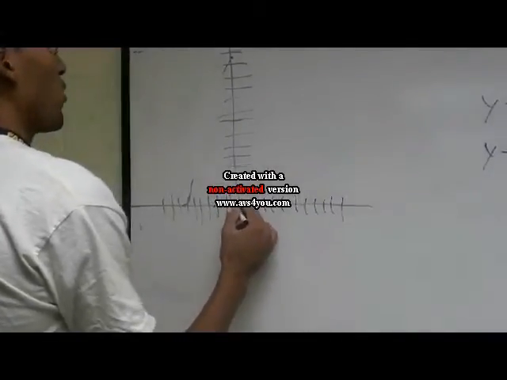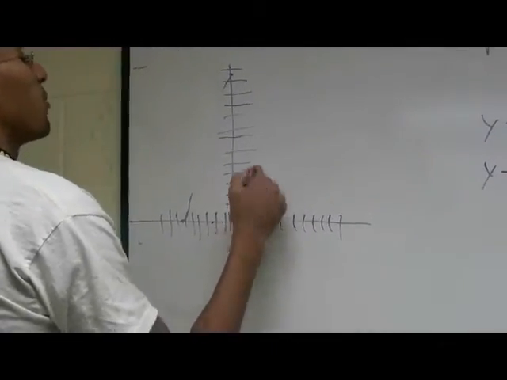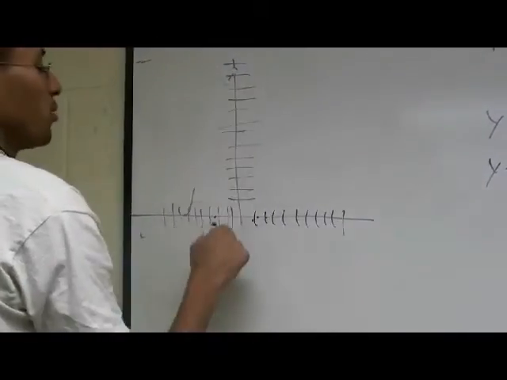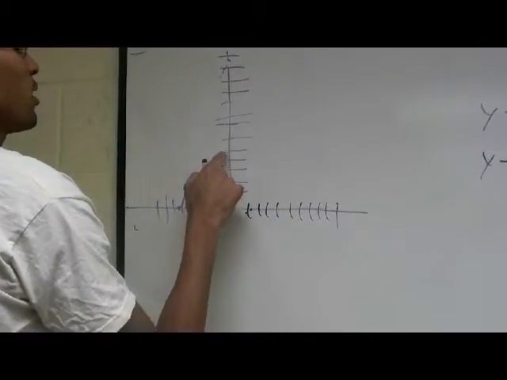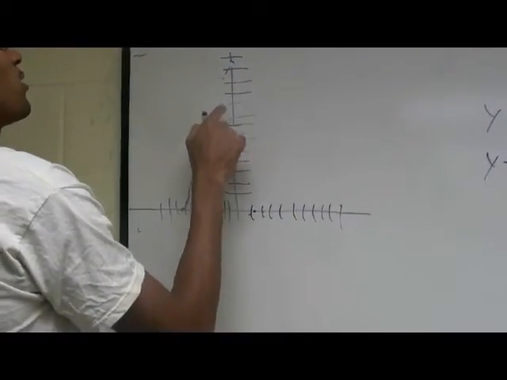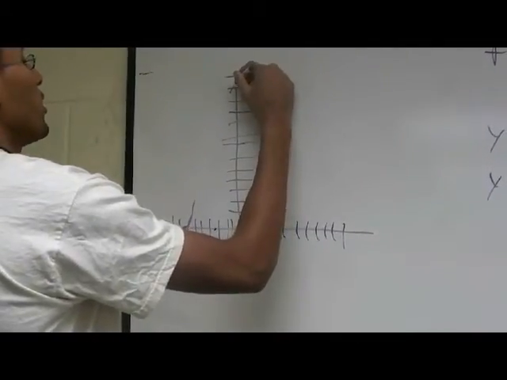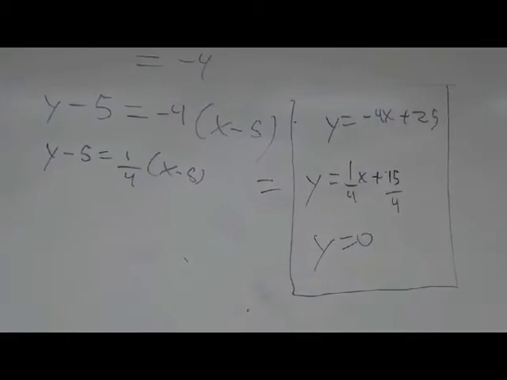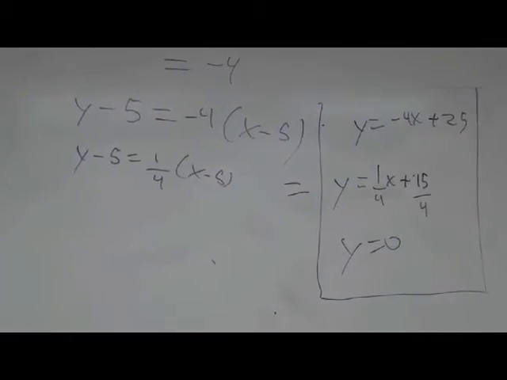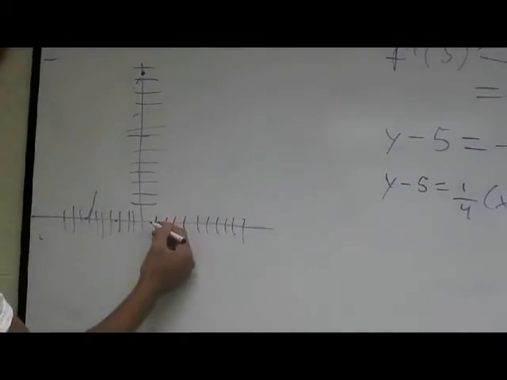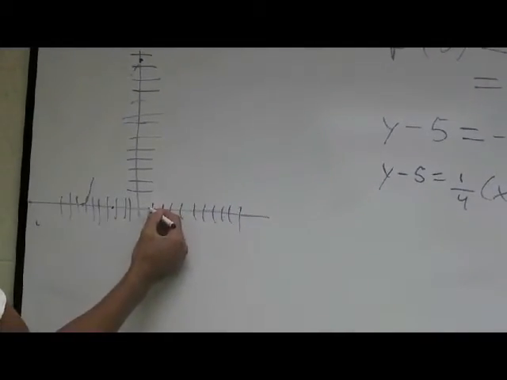where x is 0, y would be 25, so remember each of these lines is worth 2. So 2, 4, 6, 8, 10, 12, 14, 16, 18, 20, 22, 24. It's right here. When your x is 1, your y is going to be 21.